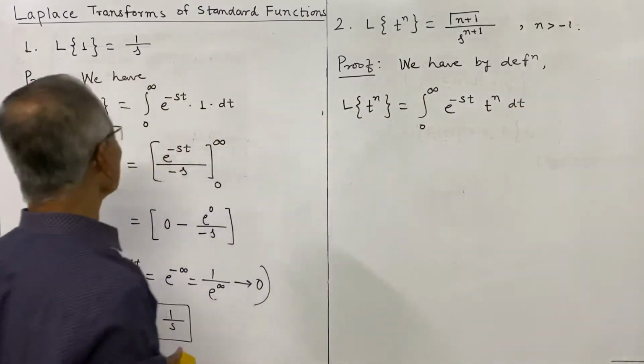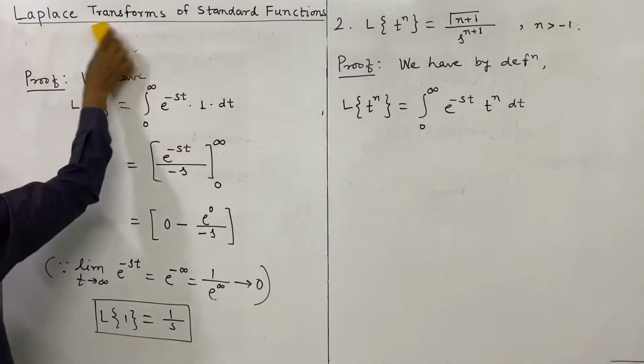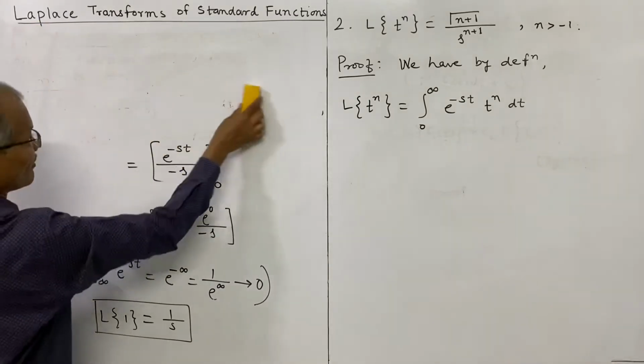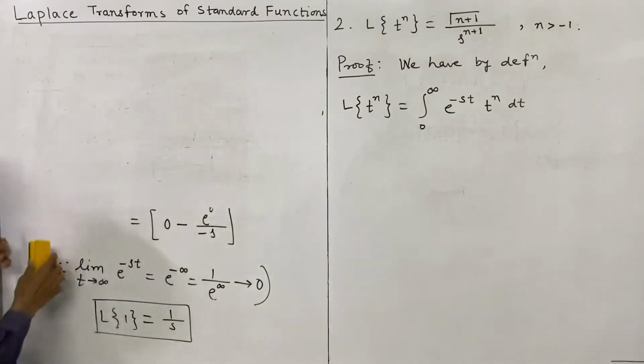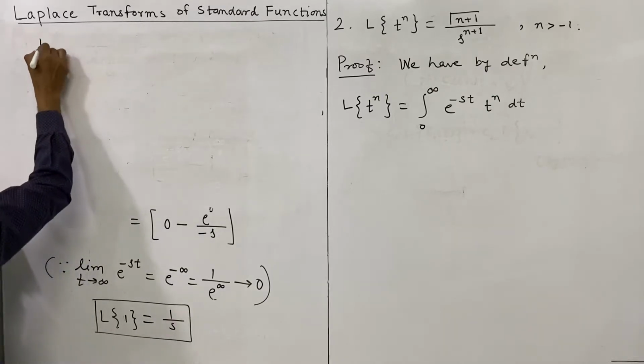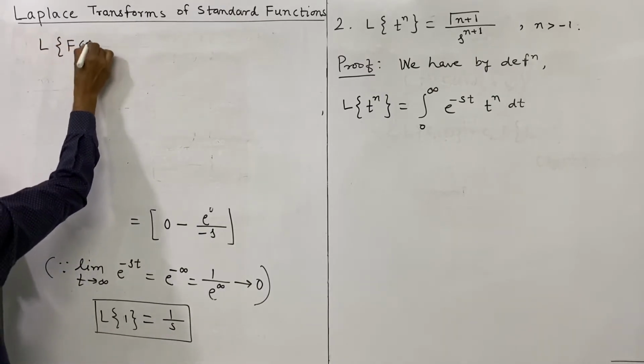We are using the definition of Laplace transform, so that is to be noted. We have written earlier here also in the linearity property, but I shall write this again. This is the definition of Laplace transform.